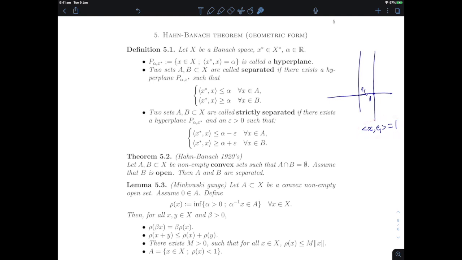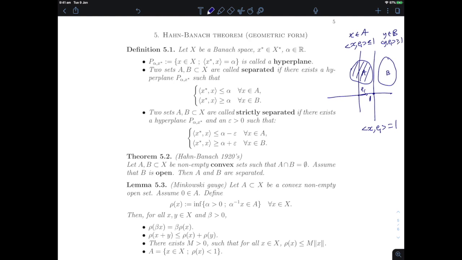Now, I'm going to talk about two sets being separated by a hyperplane. So, if I were here, for instance, I could have some set here and some set there, and I want to say that this set A is separated from this set B, and one way to describe that is by saying that if x is in A and y is in B, then the inner product of x with e1, the first component of x, would have to be smaller than 1, whereas the first component of y would have to be greater than 1, right?